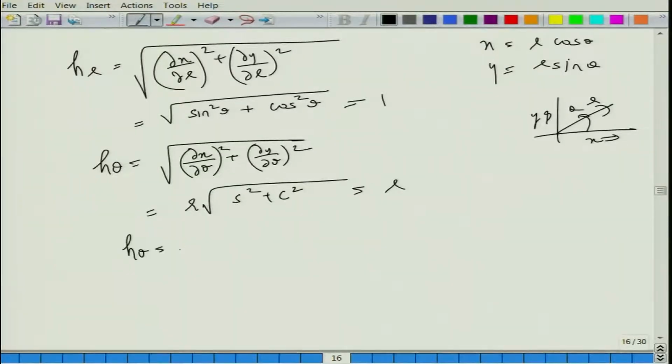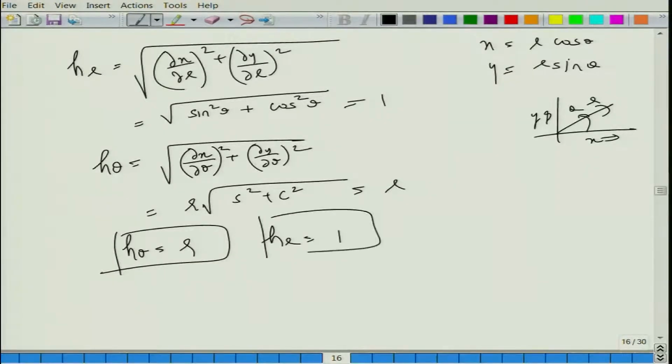So, h theta is equal to r, h r is equal to 1 and h z is also 1.